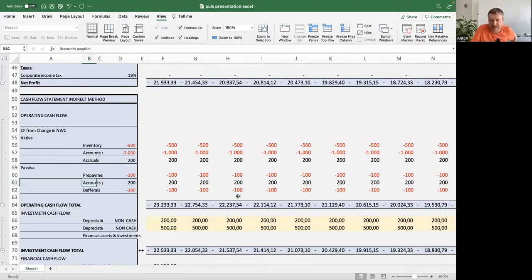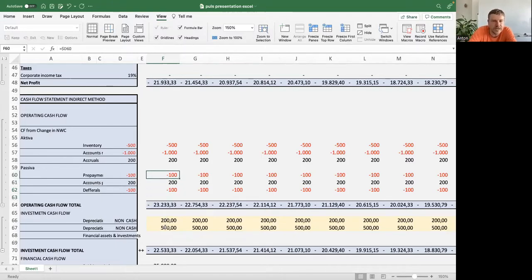If you are able to pay something later, this is always better for your present use of cash because you have more, as if you had to pay at once. So if your accounts payable increase, the amount of cash at your disposal increases as well. Deferrals, this is the same. This is the position when you have to pay later for something you get now. So this is pretty similar to the former line.